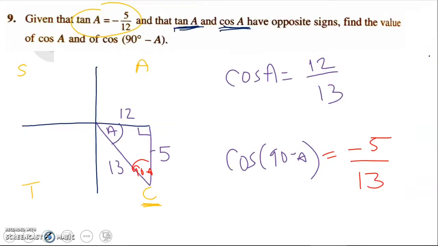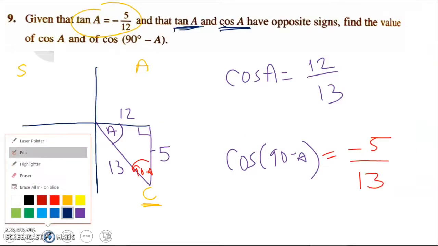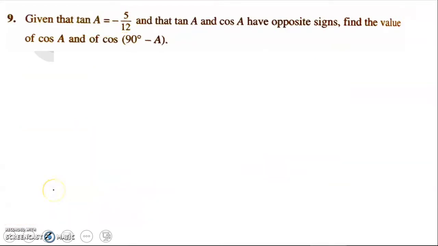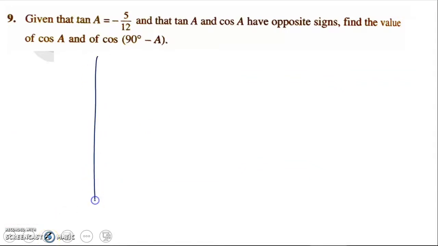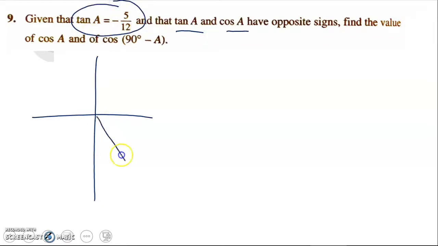Okay. Number 9. Tan A is negative 5 over 12. Let's go ahead and make our graph. I know tan A and cosine A have opposite signs. Okay. Where they have opposite signs, again, with tan being negative, that would have to be in Q4.